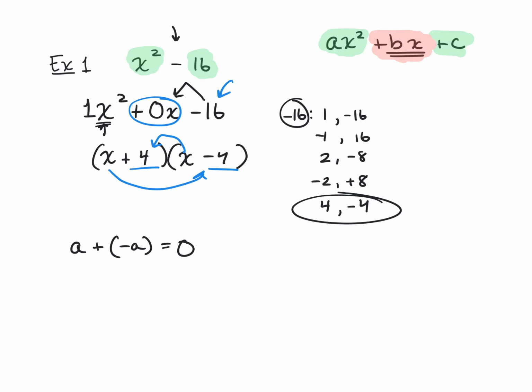Now, with that being said, I don't want to have to do all of this work. And what you'll see here is that no matter what number I change this to, so long as my first number is a perfect square, and so long as that second number is a perfect square, and I'm subtracting, you're always going to be trying to make 0 in the middle.